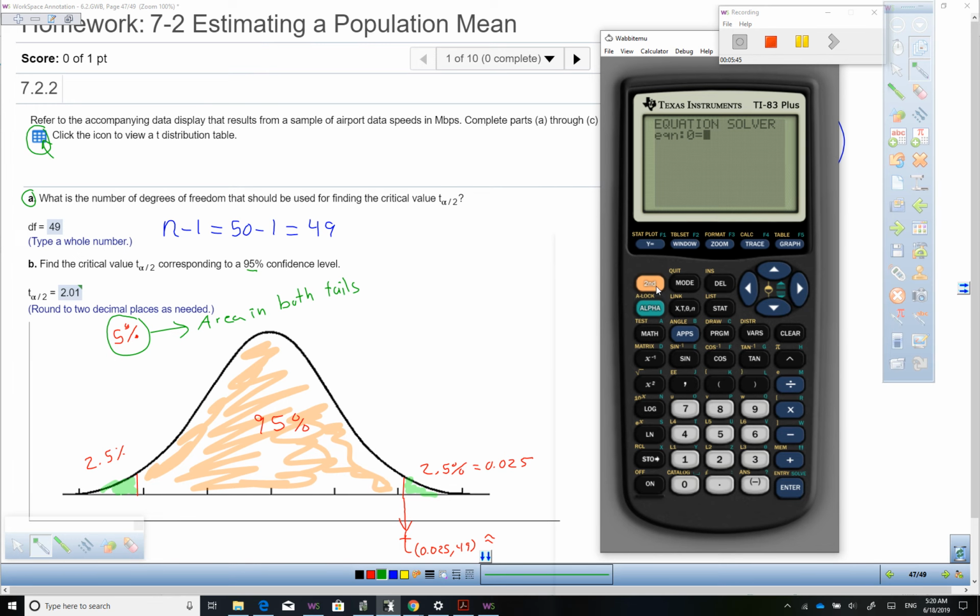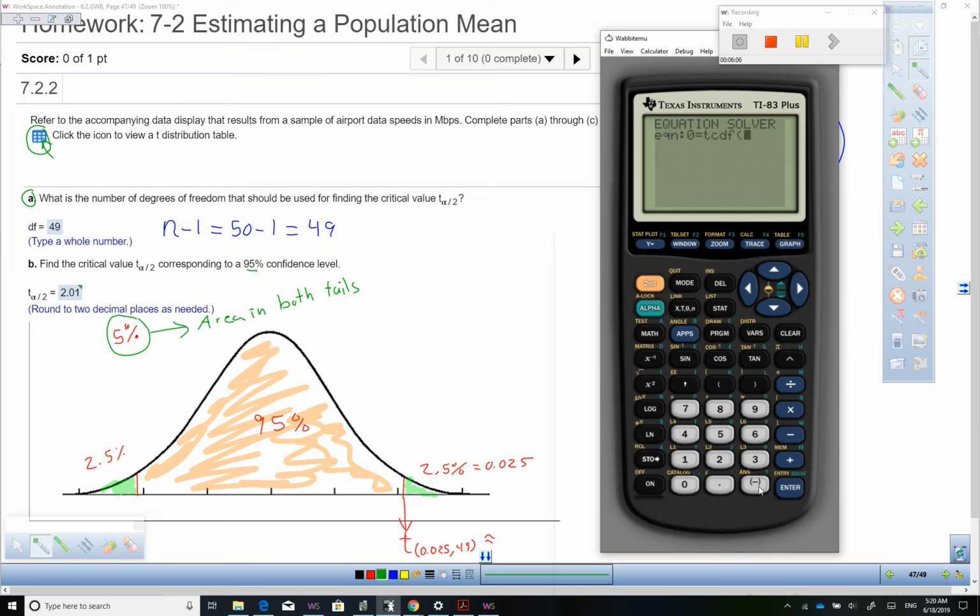Then we go to second, bars, and we select TCDF. Make sure you select TCDF. Don't press PDF, which is number 5. And then for the lower limit, we select negative 10,000.